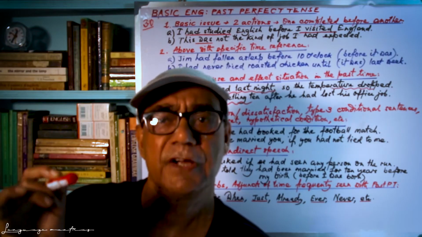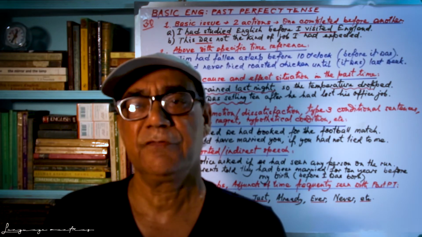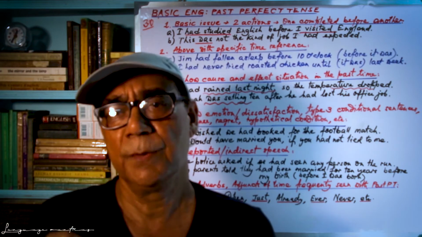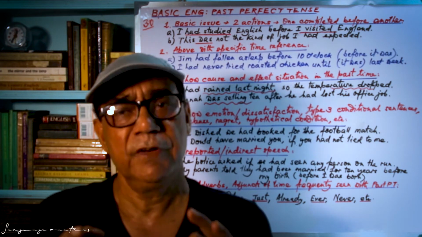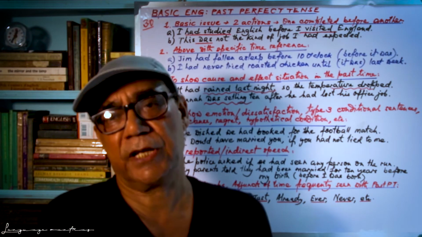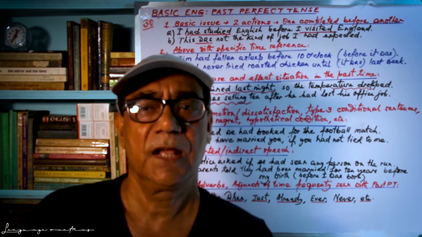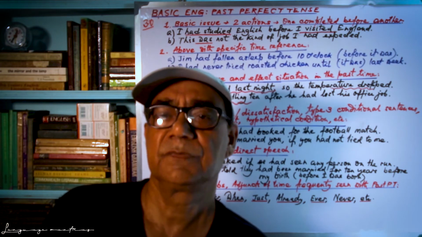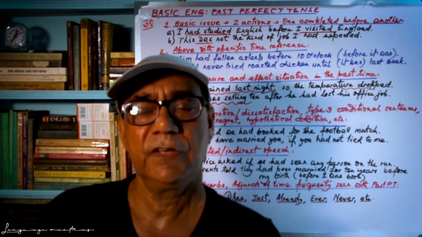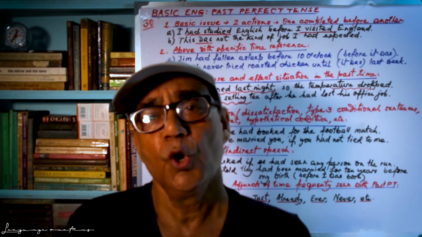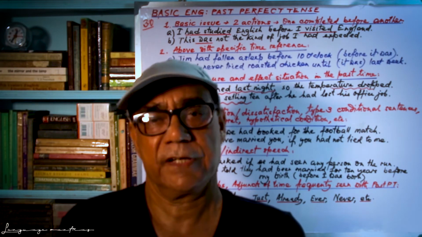Now let's verify certain examples and clarify certain doubts. It is not always necessary to use past perfect tense even if there are past actions taking place. For example, I went to the station, I booked my ticket, then I had a cup of coffee. Here we don't use past perfect tense. So where should we use past perfect tense?